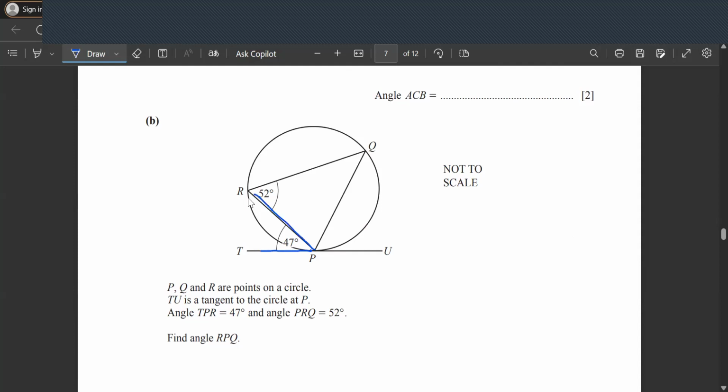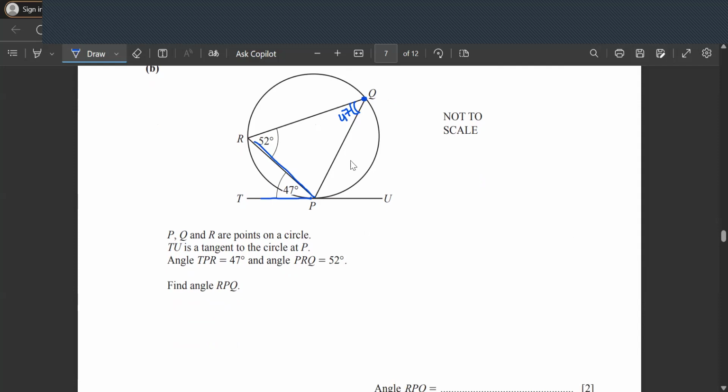So I'm going to use my fingers at R and B and go out from R and B until you touch the circle, not the center, not a point, not if they are intersecting inside the circle. Go out from R and B until you touch the circle here. So this angle is 47 also. 200%, you are going to use it.